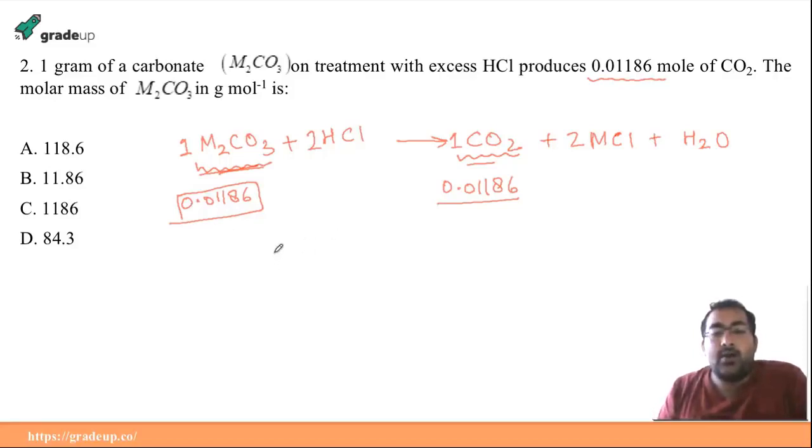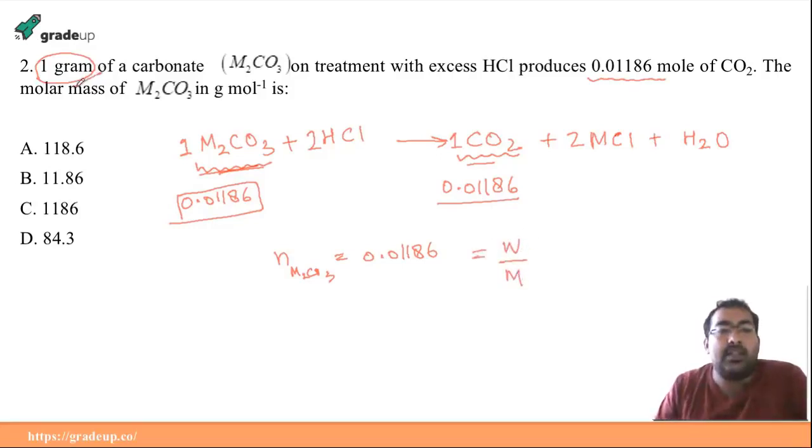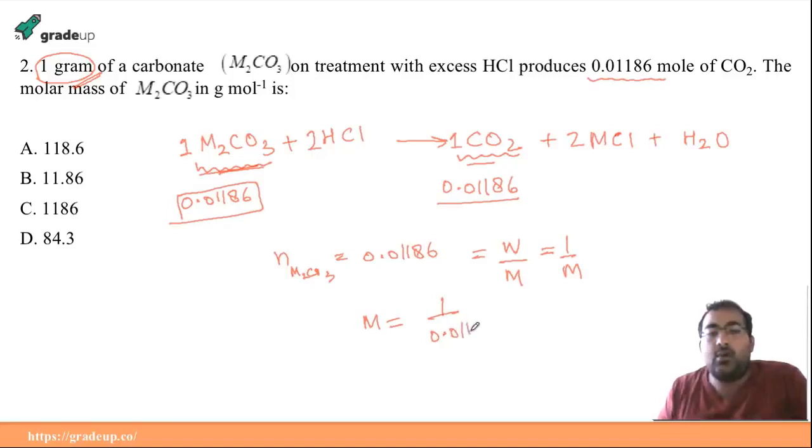So now you know the number of moles of M2CO3 is 0.01186. You have taken 1 gram of this, and number of moles is just weight upon molecular weight, and the weight you have used is 1 gram. So the molar mass is nothing but 1 by 0.01186.